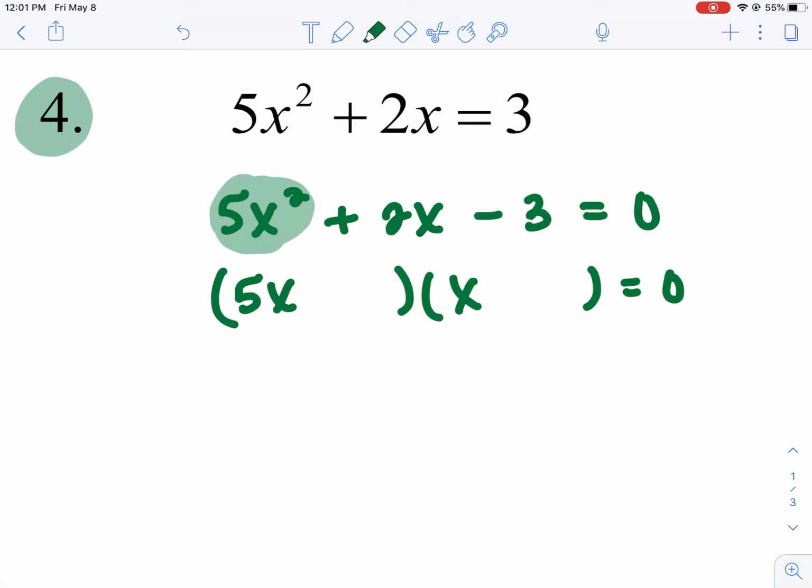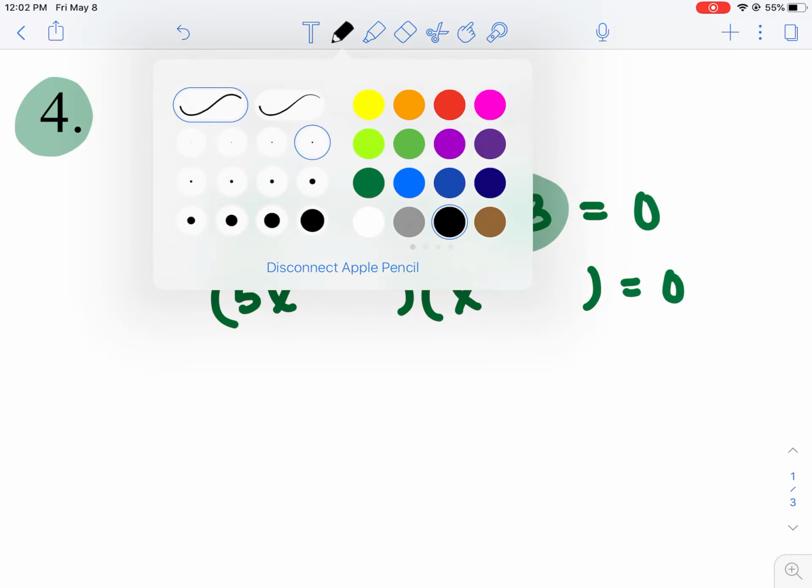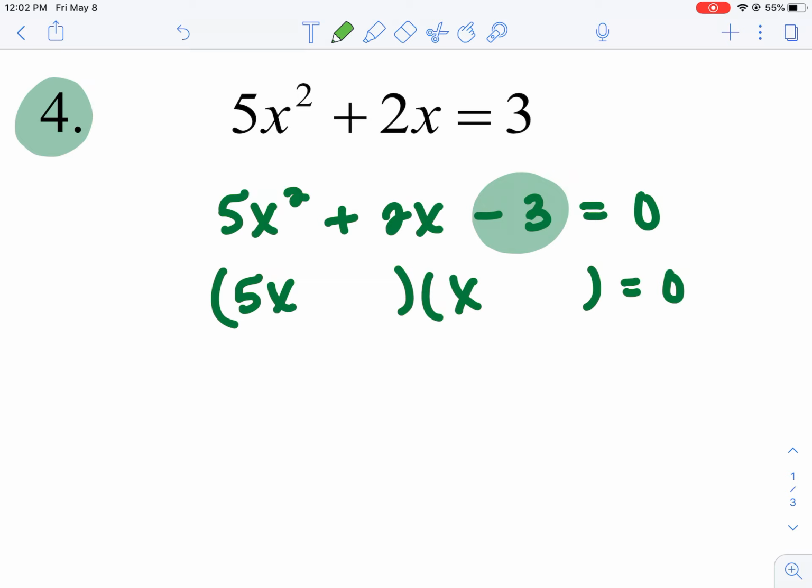But 5x squared, the only way we can get a 5x squared by multiplying is with a 5x and an x. So we know what that is guaranteed. And we don't have very many options for multiplying to get a negative 3. So you can just do a few quick little guesses and checks, right? What if I put negative 3 here and a positive 1 here?